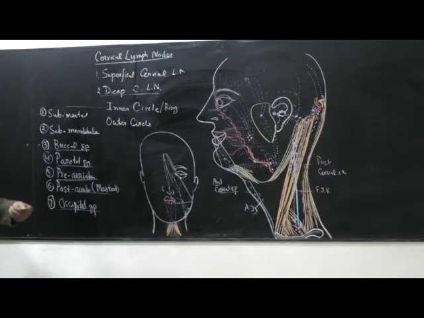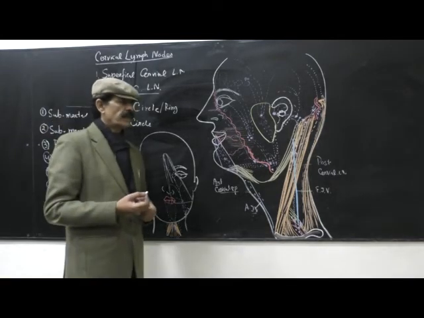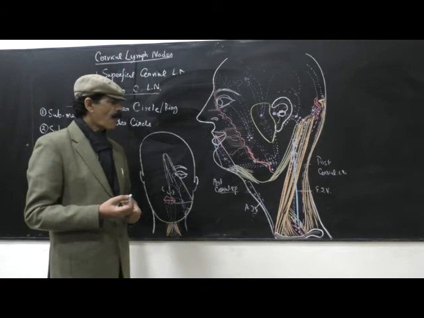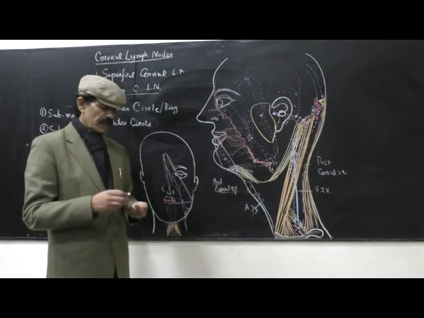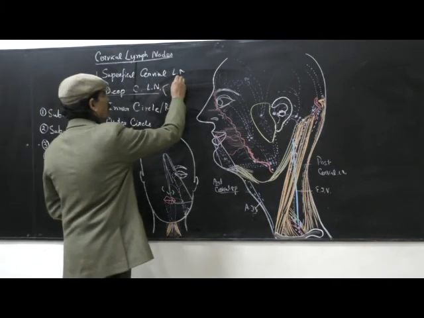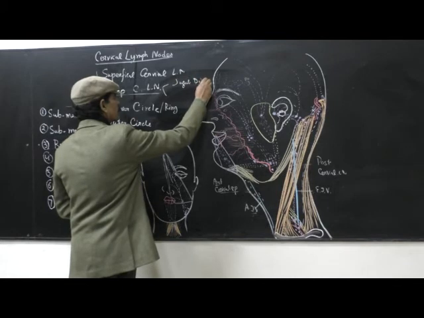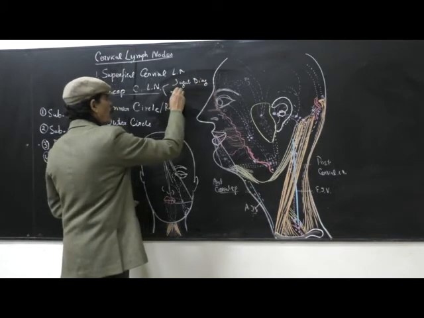One is the inner, the other is the outer ring. So the outer ring is formed by two types of lymph nodes. One is called the jugulo-digastric and the other is called the jugulo-omohyoid group.